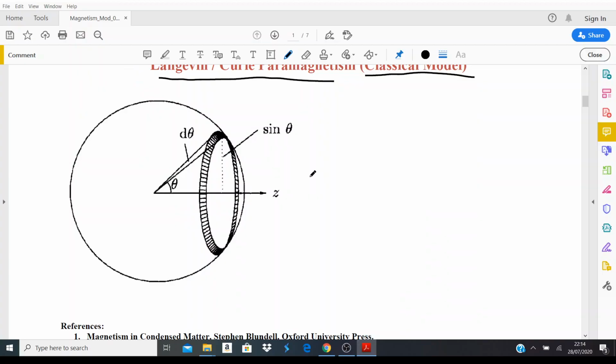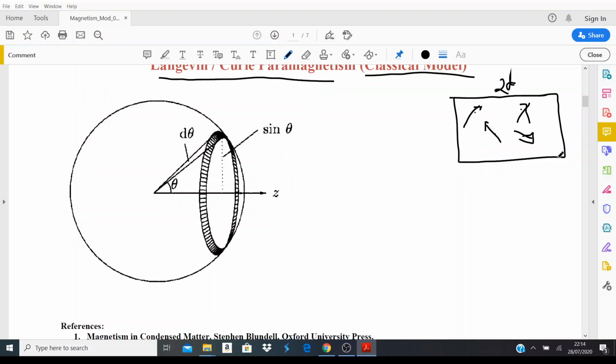To start with, let's say we have a 2-dimensional piece of material, and we have some atoms, say 4 atoms, pointing in random directions.